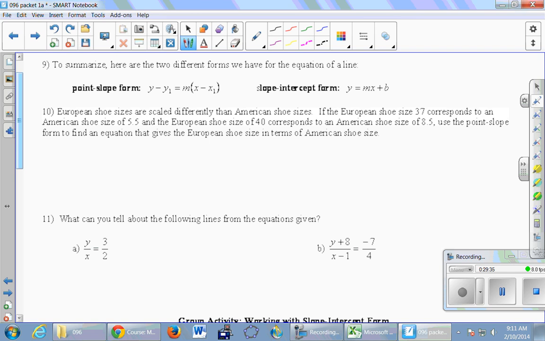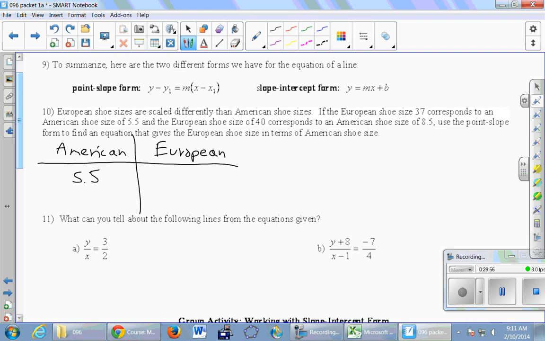So we're going to make a table of values here. I'm going to make a table with the first column being the American shoe size, and the second column will be the European shoe size. And so for, what do we have here? 5.5 is the American.